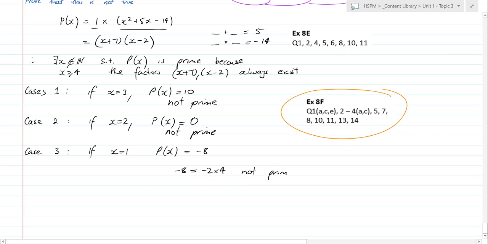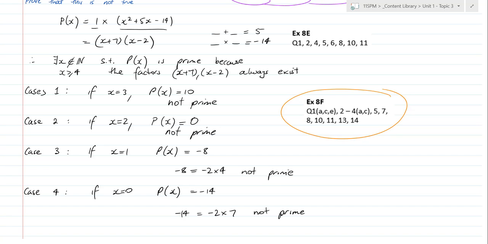And the last one, because we're talking natural numbers, case 4: if x equals 0, p of x equals negative 14, and negative 14 is also equal to negative 2 times 7, so that's not prime. So by factorising, we have shown that p of x is always a composite number for x greater than or equal to 4, and we've also shown the other cases. So therefore p of x is always a composite number.